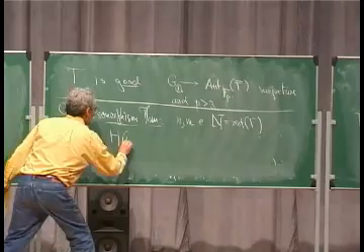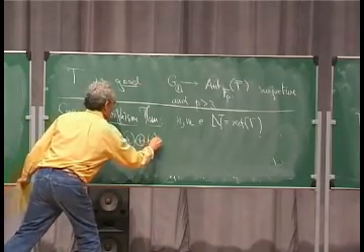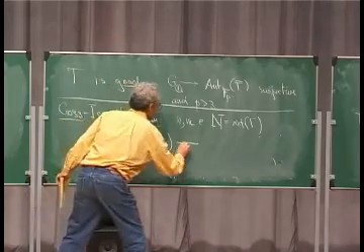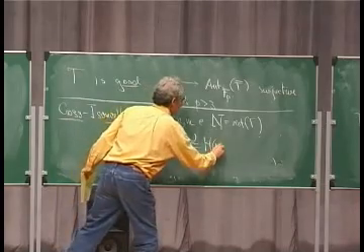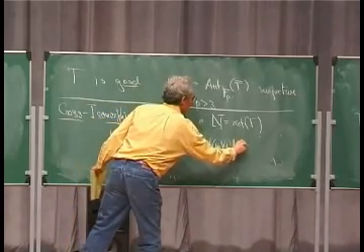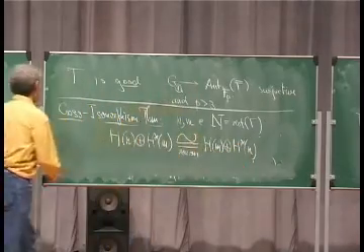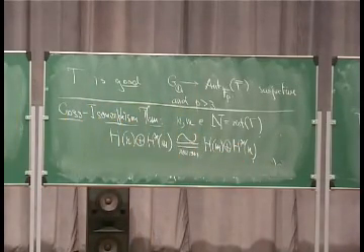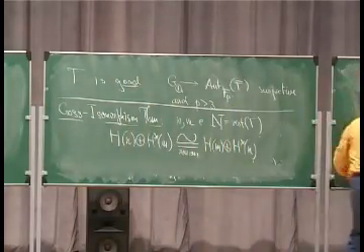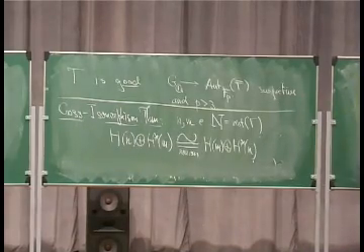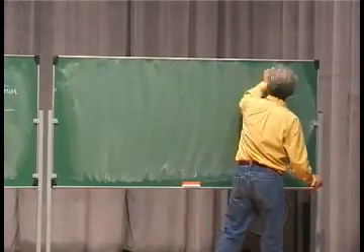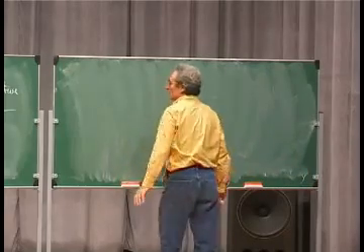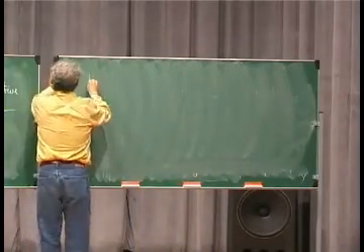There is a non-canonical isomorphism between h of n plus h star of n, and h of m plus h star of m. This suggests a definition.